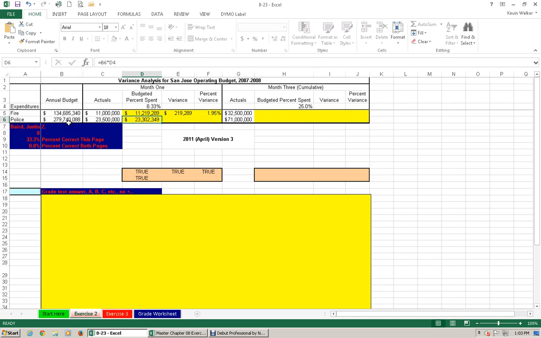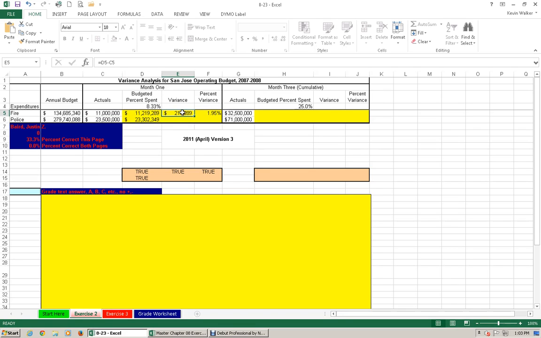So it's the annual budget times the 1 month, what we expect to be a 1 month expenditure, 8.33%, which says that we should have spent $23,302,349. What we really spent was $23,500,000. So we want to know the variance, and it'll be just like this one.